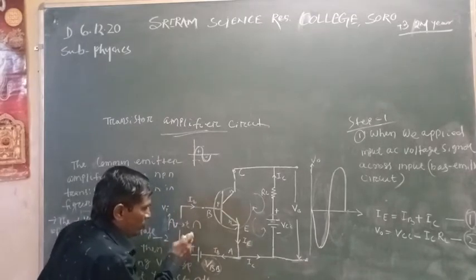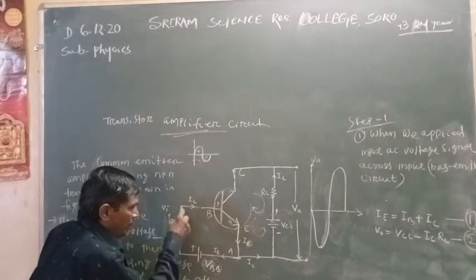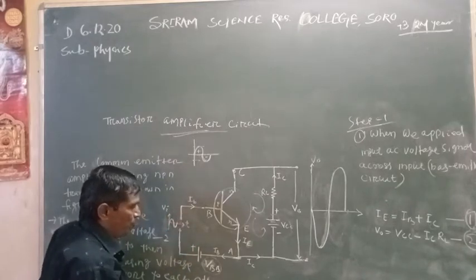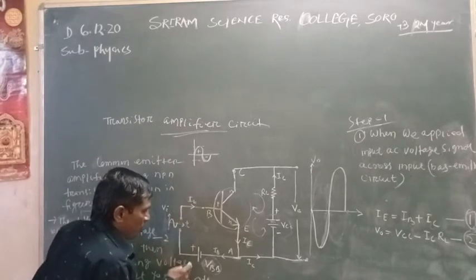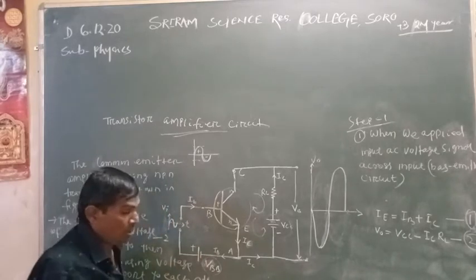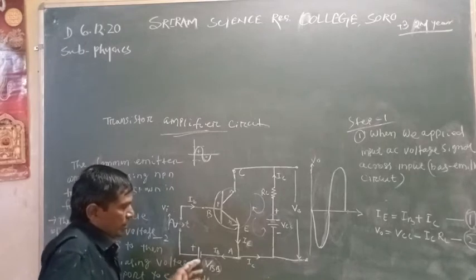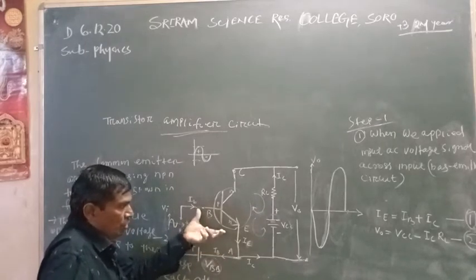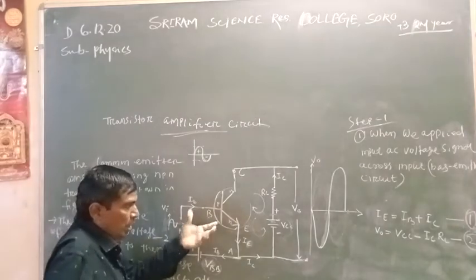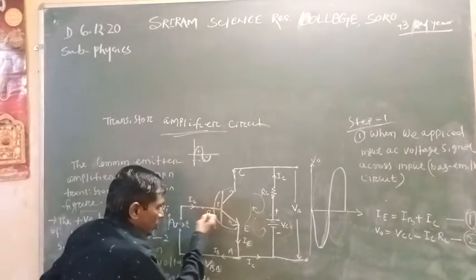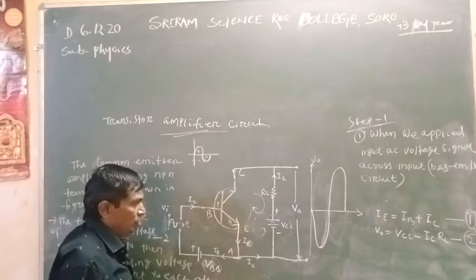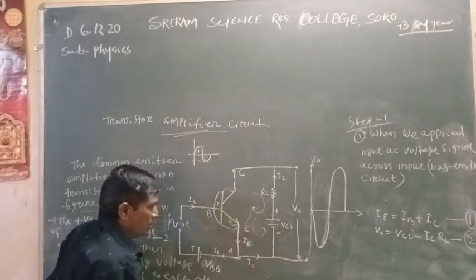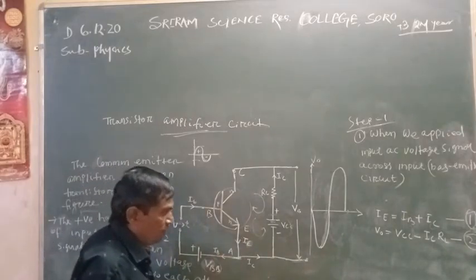When the input positive supply reaches that point, it supports the positive battery voltage. Now the base emitter junction will be more positive, then IE, the emitter current, will be more.